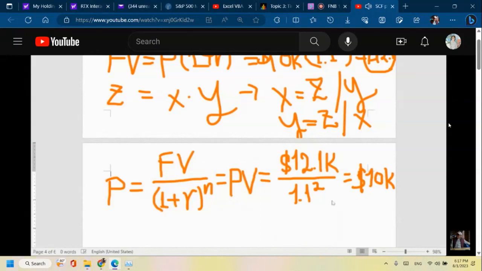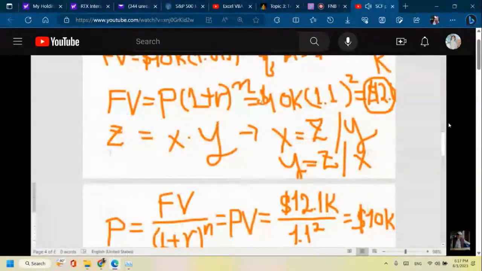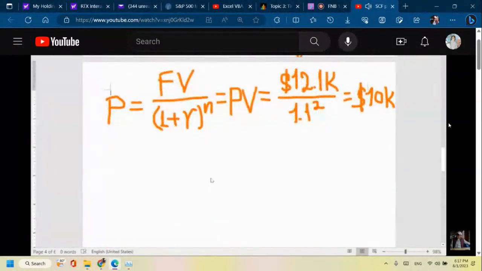We started from the compounding formula, and compounding is basically a process to find the future value. And the reverse process is the process to find the present value, and this process is called discounting. The reverse process of compounding is called discounting.